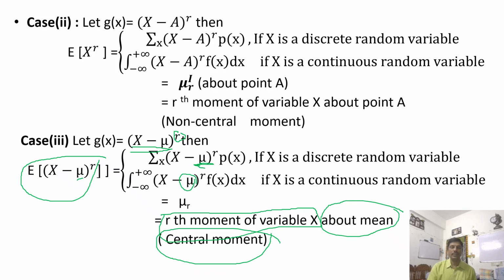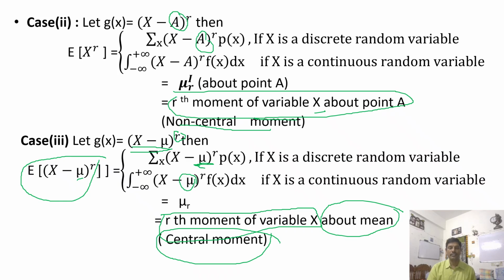Clear? Now if we want to find the non-central moment: if mu is there, then it is said to be the central moment. If mu is not there, say if we take any point A in the domain of the random variable, then it is called the non-central moment, or the rth moment of variable x about a point A. So we are finding the expectation about a point.